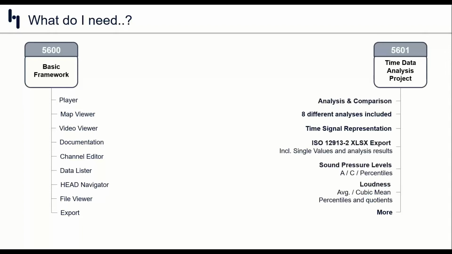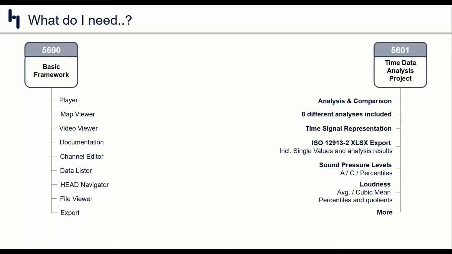In 5601, you get the time data analysis project, which offers you analysis and comparisons. It gives you 8 different analyses within the software. It gives you time signal representation. It gives you the standard ISO 12913-2 export format that the data needs to be presented in to be compliant within the standard.